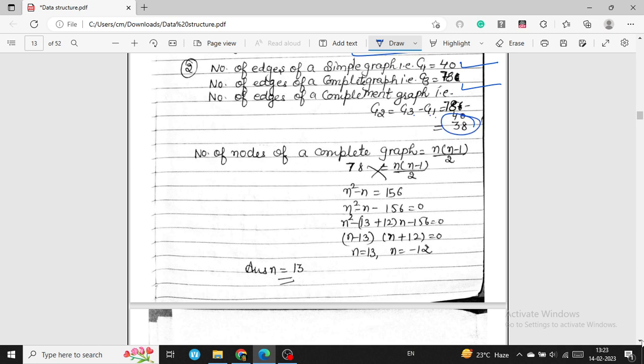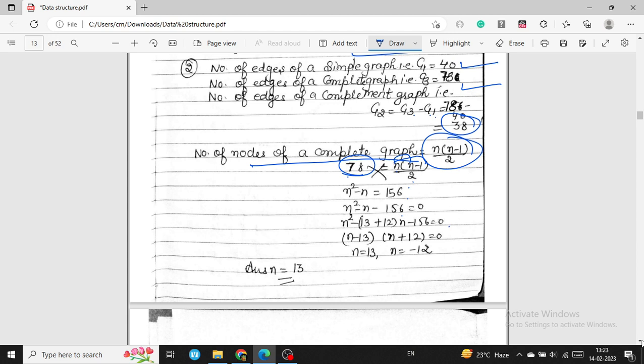Now, to calculate the number of nodes of a complete graph, you can use this formula. Here we are given 78 as the number of edges of the complete graph. Put it on the left side, equal to n(n minus 1) by 2. n multiplied by n is n square, and n multiplied by 1 is n, so n square minus n is equal to 78 multiplied by 2, which is 156. So n square minus n minus 156 is equal to 0.